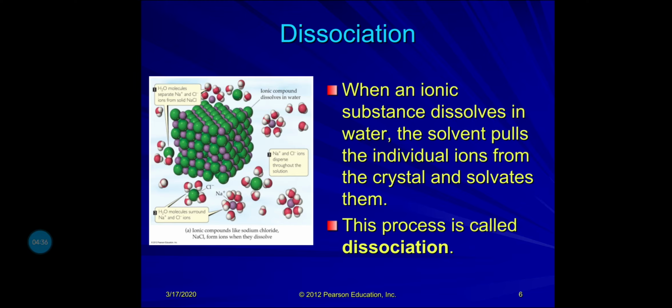So dissociation is a process of breaking up a molecule into its ions, and it happens when you dissolve it in the water. But this can only happen with the ionic compounds, acids and bases. Molecular compounds do not dissociate into their charges.